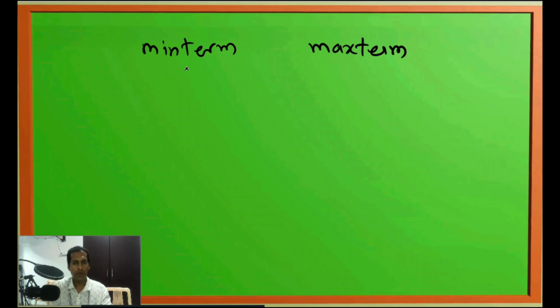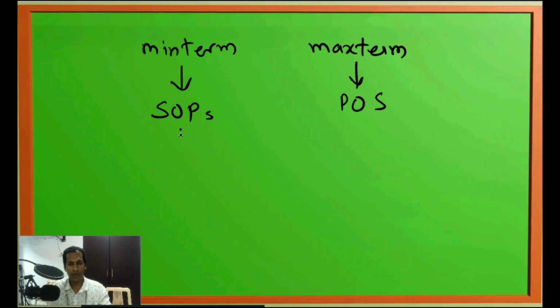So what we have to remember: we have min terms and we have max terms. Min terms are related to SOP, max terms are related to POS.